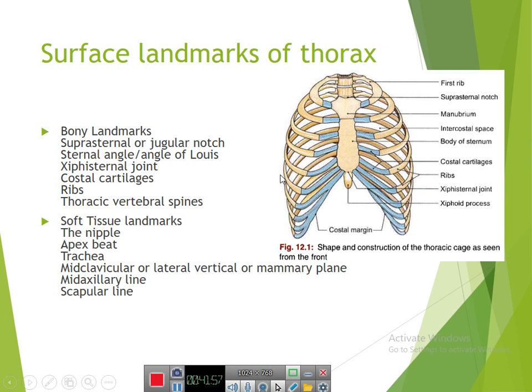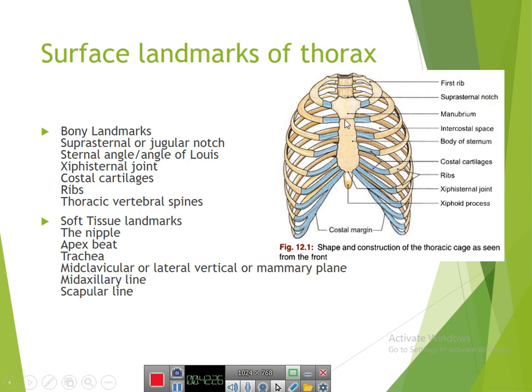The second bony landmark of the thorax is the sternal angle or angle of Lewis. The sternal angle is felt as a transverse ridge about 5 cm below the suprasternal notch. If here is the suprasternal notch, 5 cm below it we have a transverse line that is the sternal angle or angle of Lewis. It marks the manubriosternal joint.